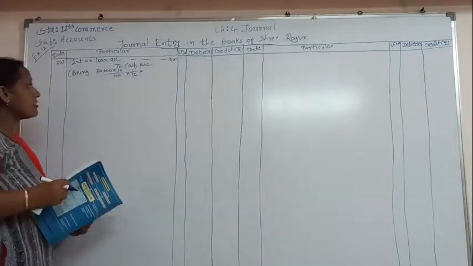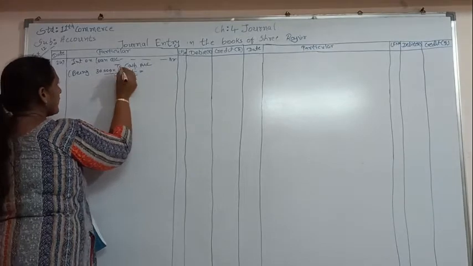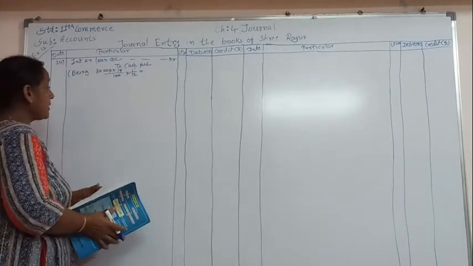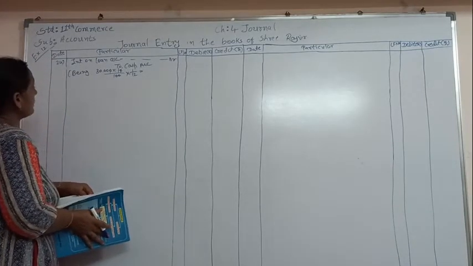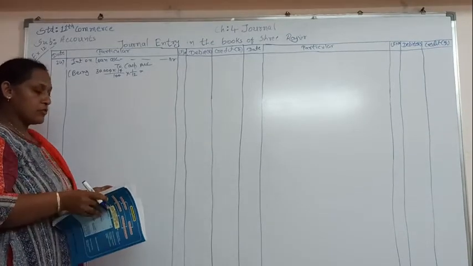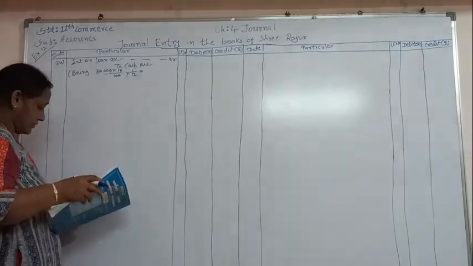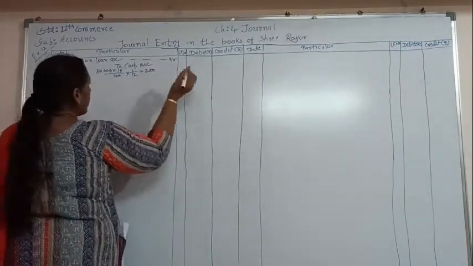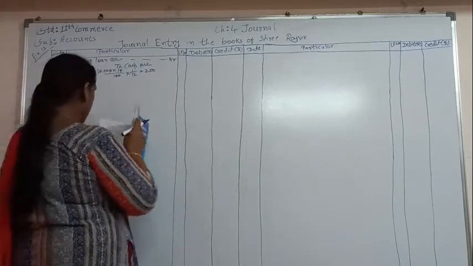So we have to calculate this amount, and the amount that we are going to pay to the Srimati will be 250. Here 250 we are going to pay to the Srimati.